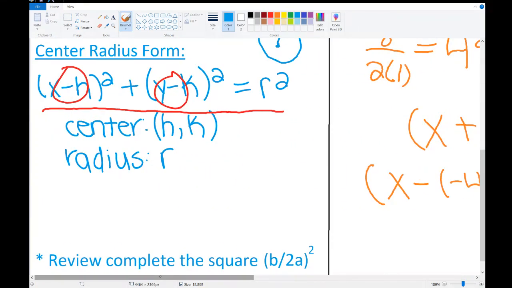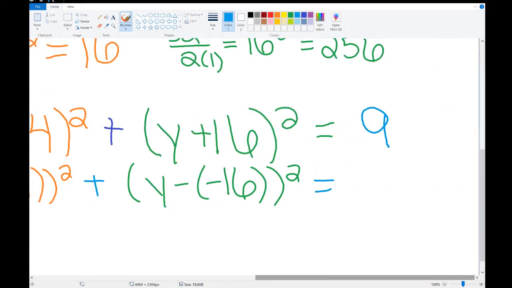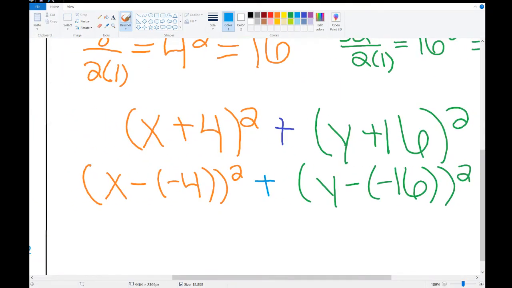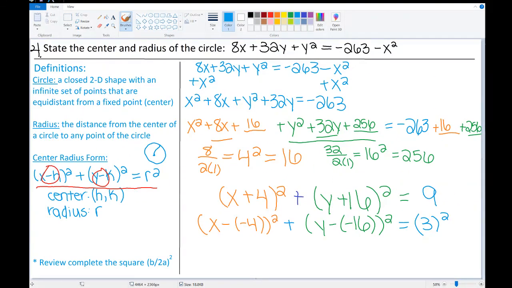So if we take the square root of it, we will just get r. So the square root of 9 is 3, and then square it to get 9. Same thing. So now we can easily identify our center and our radius.